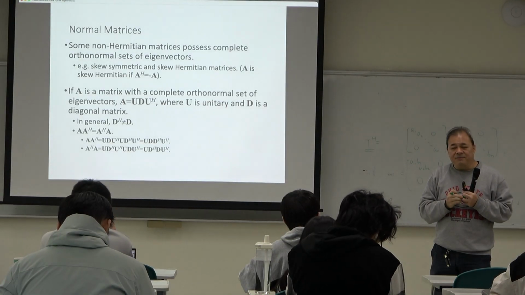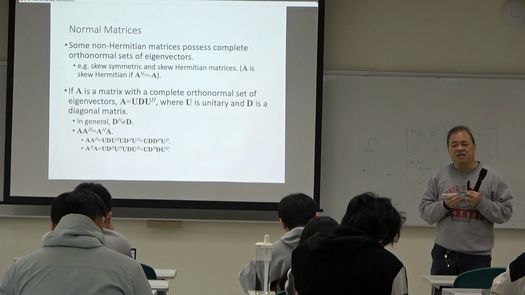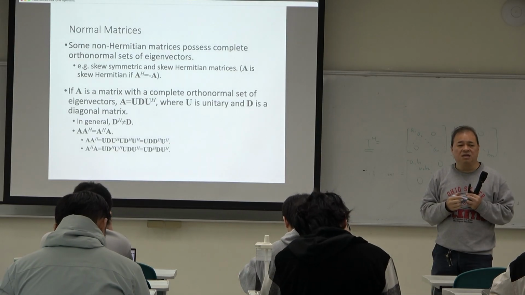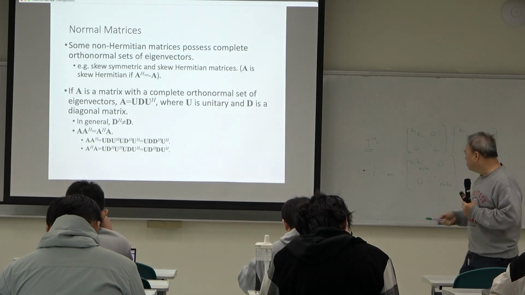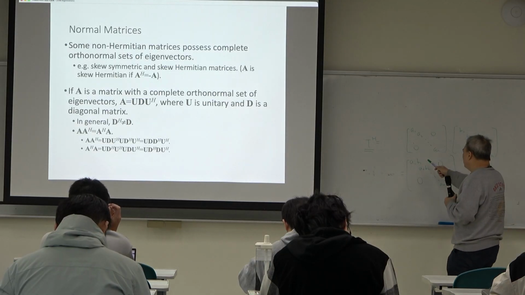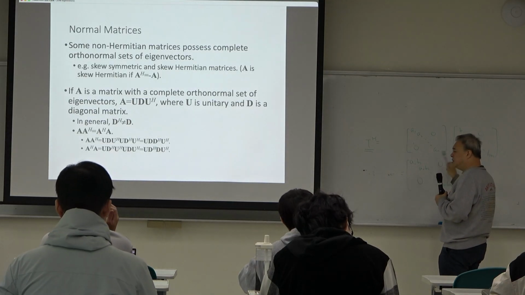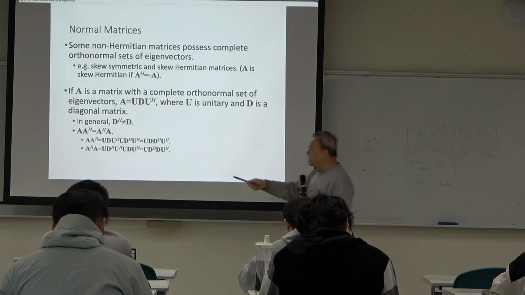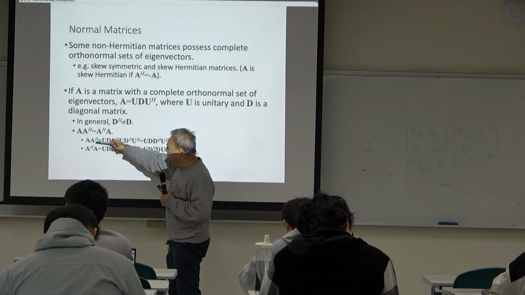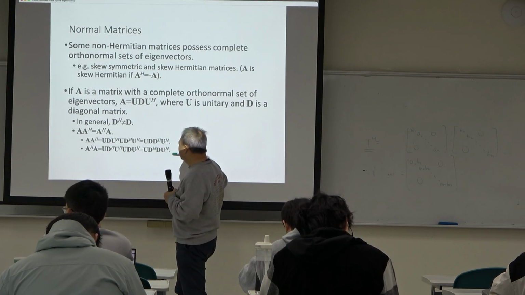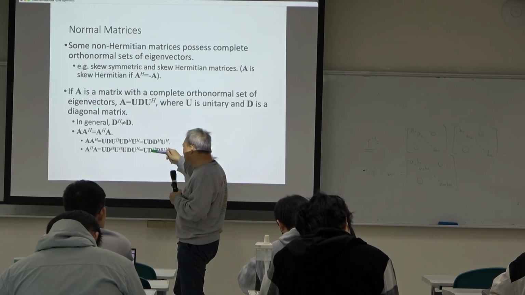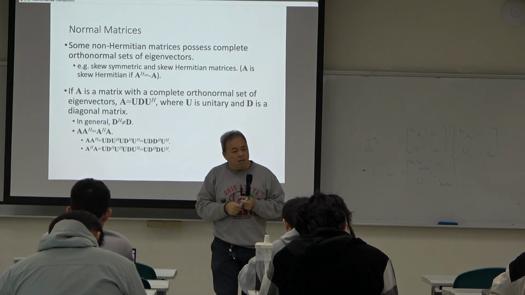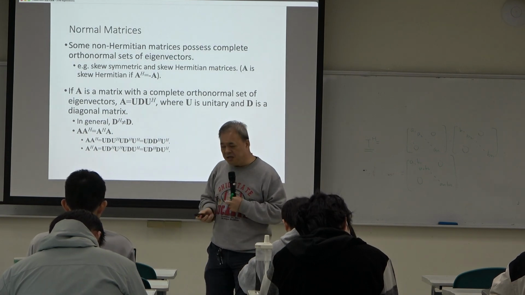That is why D^HD and DD^H are the same, because this is simple multiplication regardless of the order. So even though the center part of AA^H and A^HA looks different, they are the same.